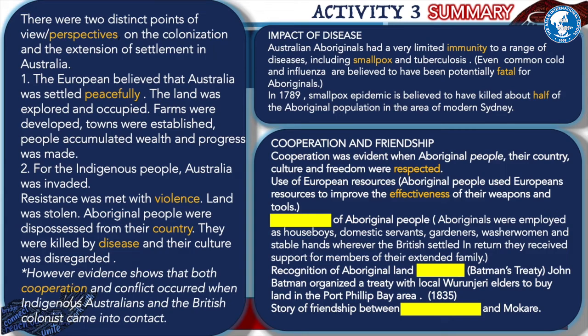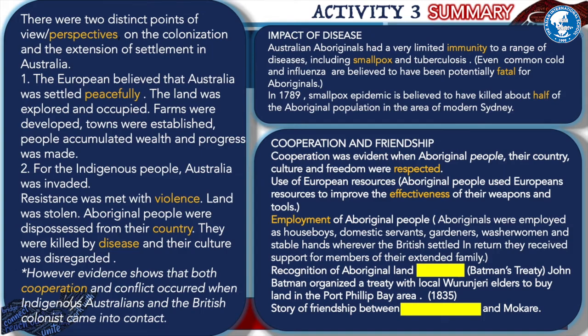And employment of Aboriginal people. That means Aboriginals were employed as houseboys, domestic servants, gardeners, and other roles. And in return, they received support for members of their extended family.